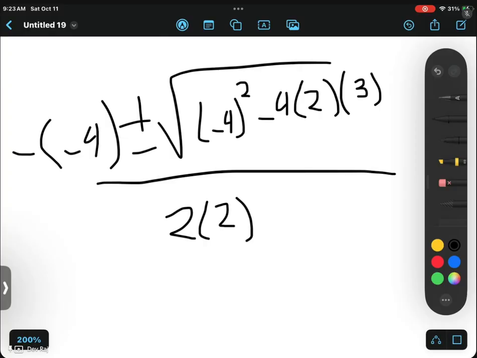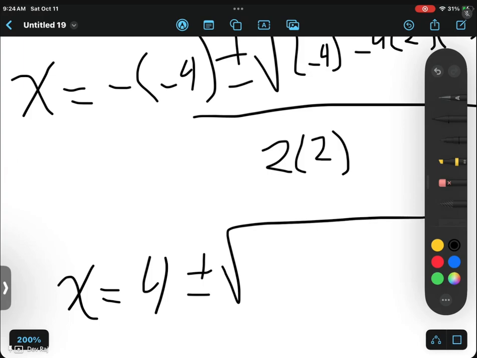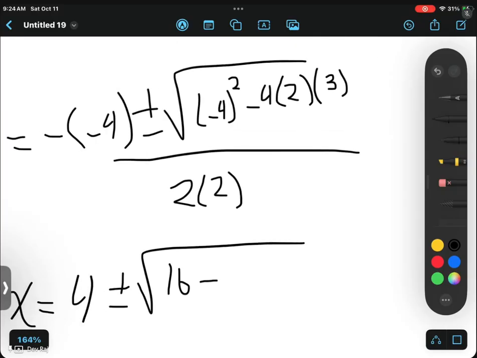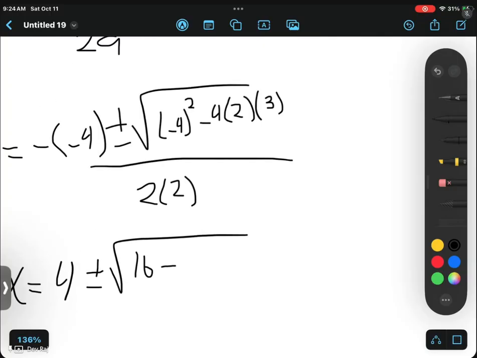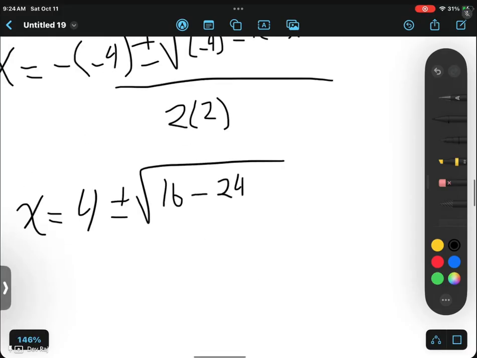Yeah, okay. So then if we just condense this down, negative 4 times negative is just 4 plus minus the square root of negative 4 squared, which is just 16, minus 2 times 3 is 6, 6 times 4 gives us 24. The minus sign stays.